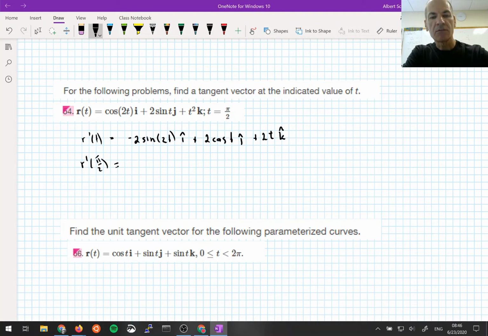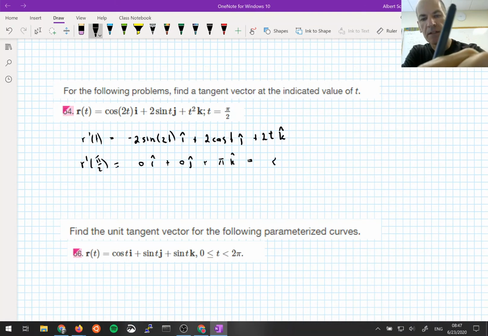All right, the sine of 2t when t is pi over 2, that's the sine of pi. That's 0. The cosine of pi over 2 is also 0. And finally, 2t, where t is pi over 2, is simply pi k, like that.